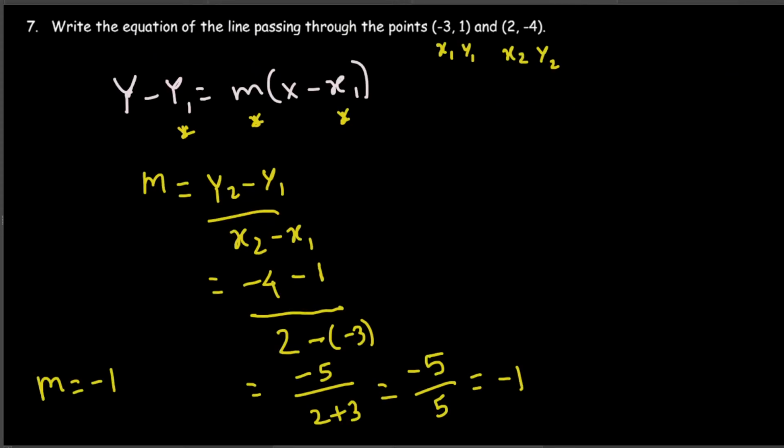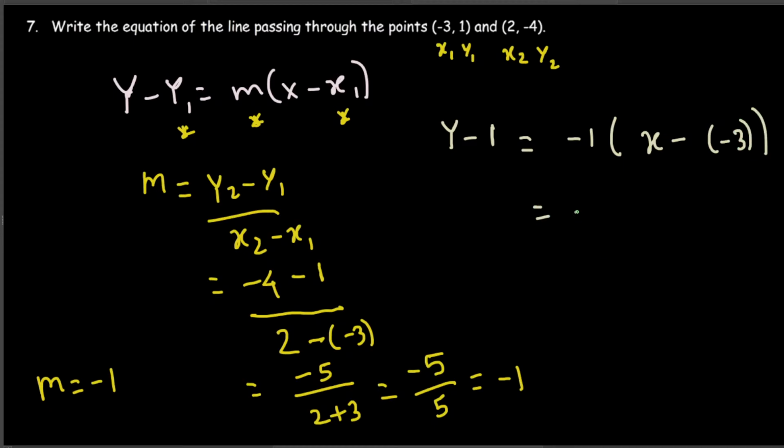So y minus y1, that is 1, is equal to m, that is negative 1, times x minus x1. x minus x1 is x minus negative 3, so this is going to be plus 3 right here.